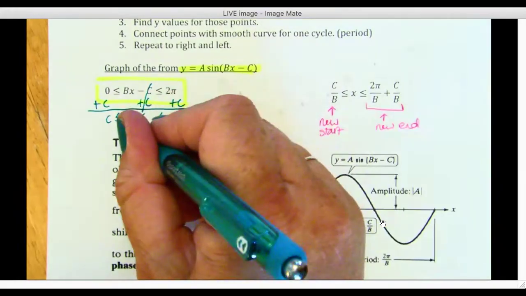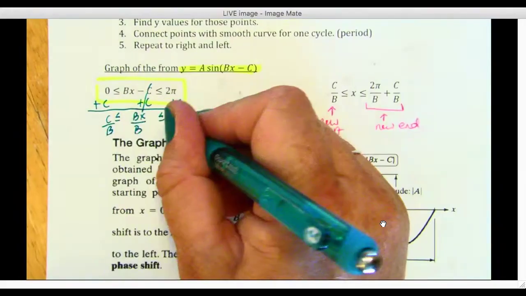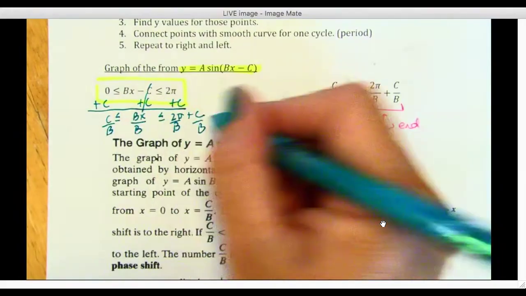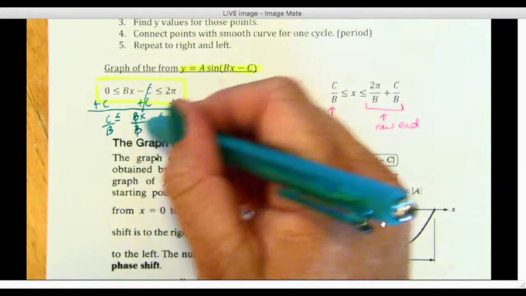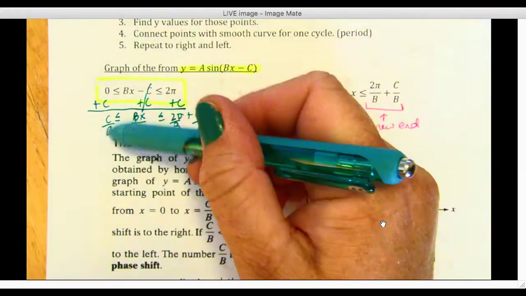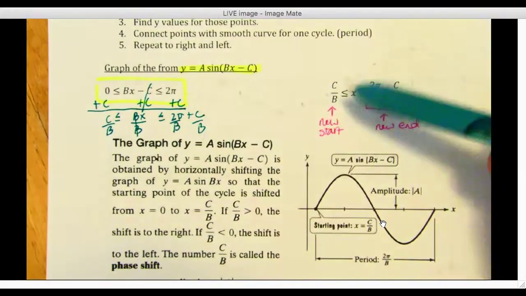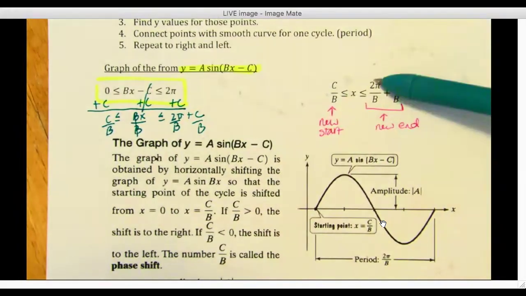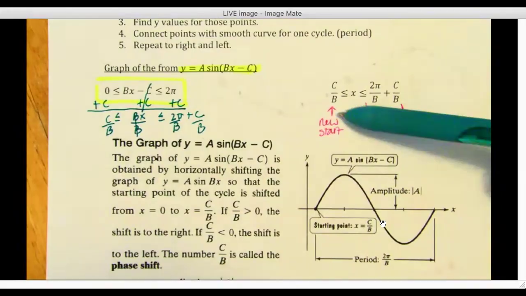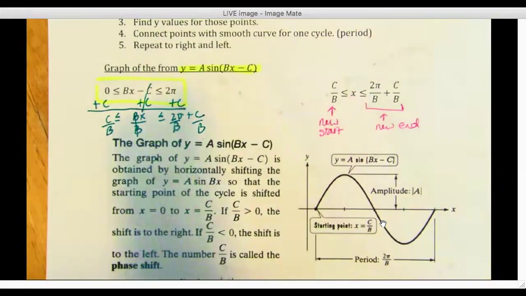And then I can divide by b everywhere. And then I end up with x by itself in between, c over b here, and then 2 pi over b plus c over b, which is exactly what I have right here. And this is my new ending, and this is my new start to one cycle of my graph.